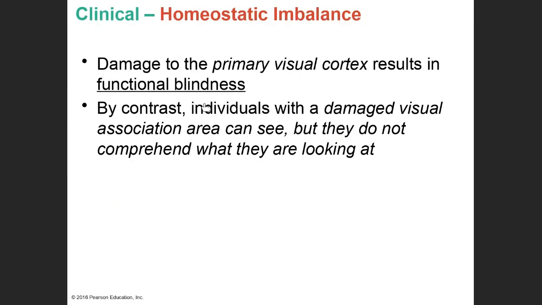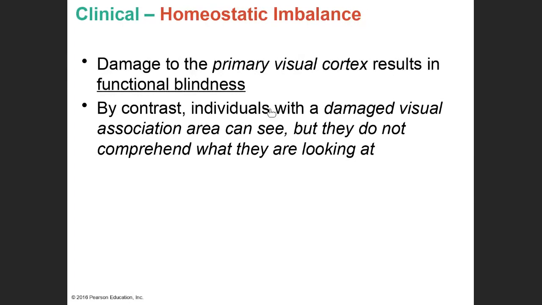Just a quick mention here that damage to the primary visual cortex is what can cause blindness, right? Functional blindness can be caused by taking out this primary visual cortex. You will not be able to process whatever visual stimuli.